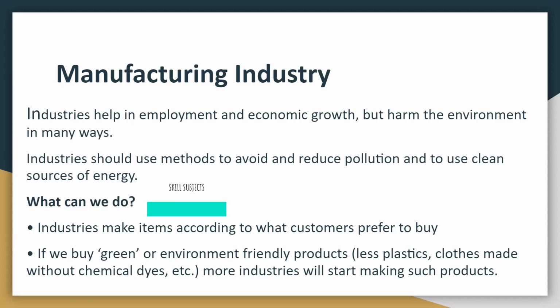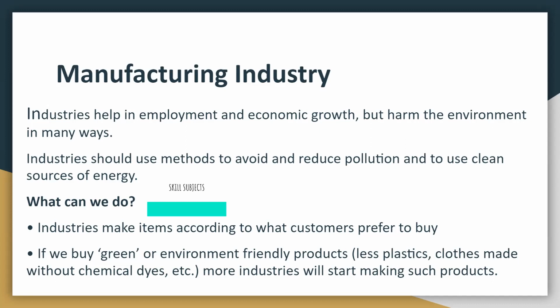One is that industries make items according to what customers prefer to buy and not just develop anything that they feel will hit the market and people would buy. If you buy green or environment friendly products, that is less plastic, or maybe clothes that are not chemically dyed, then more industries will start making such products.